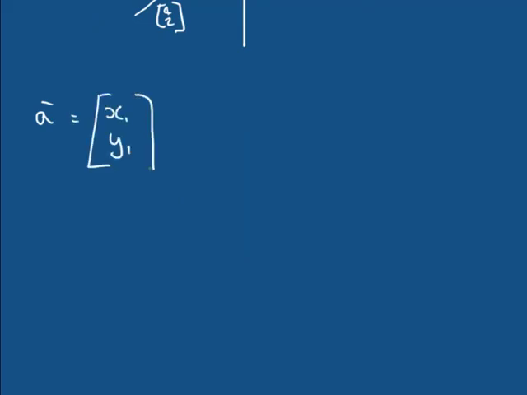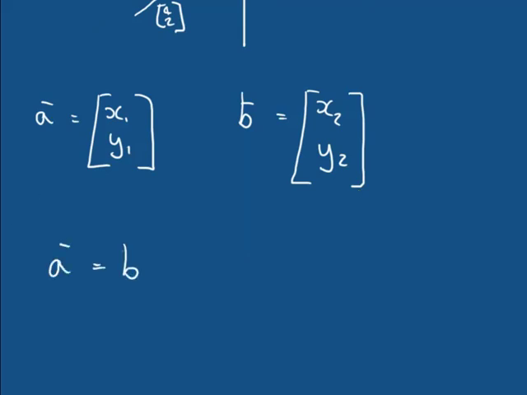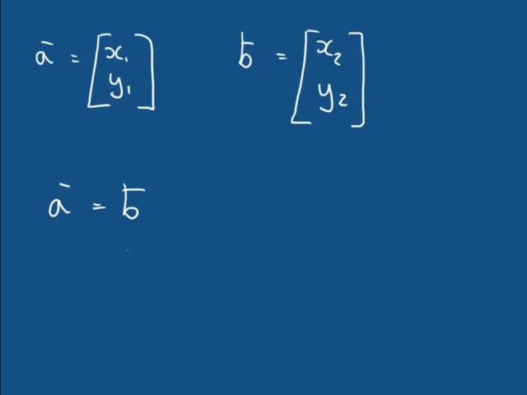So we could write this in generic form. If we have two vectors, for example, a vector A which is equal to x1, y1, and a vector B which is equal to x2, y2, then A is equal to B only if x1 is equal to x2 and y1 is equal to y2.